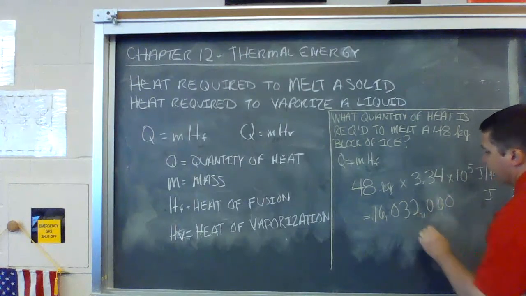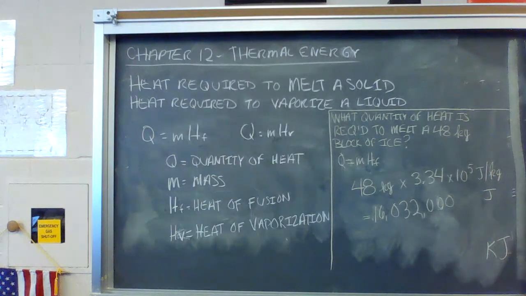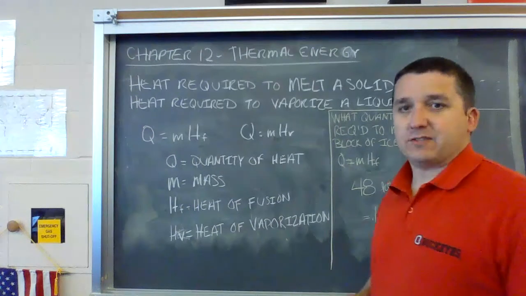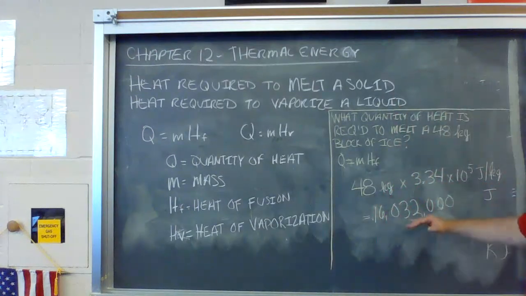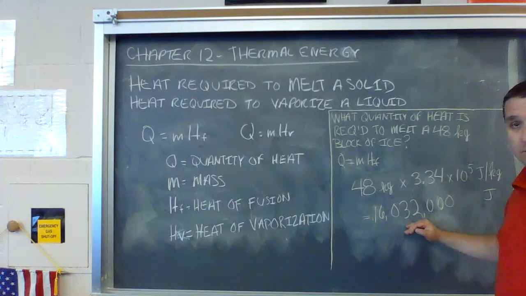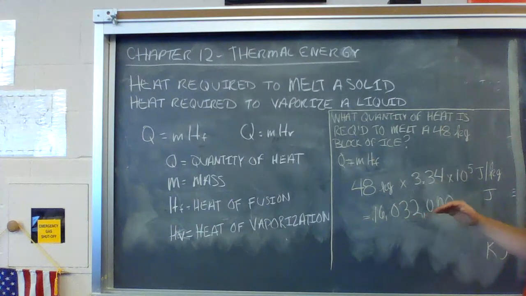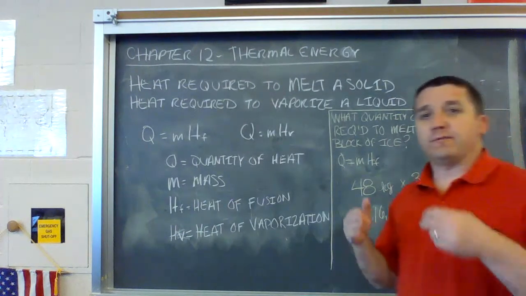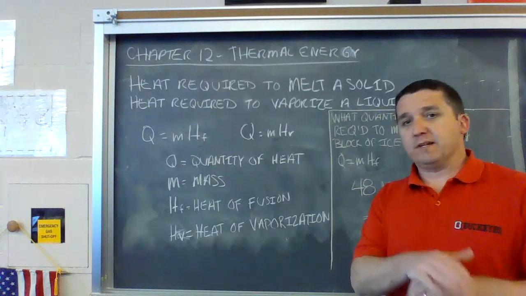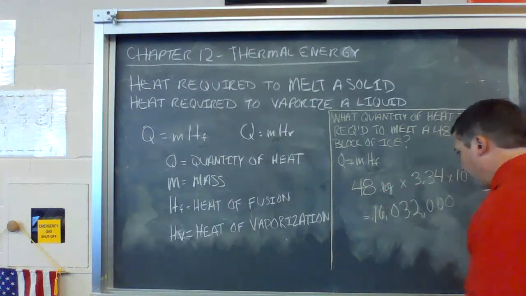Now, the directions also ask you to convert this to kilojoules. To go from joules to kilojoules, it's like going from grams to kilograms. You simply divide by 1,000. Show the work, of course.